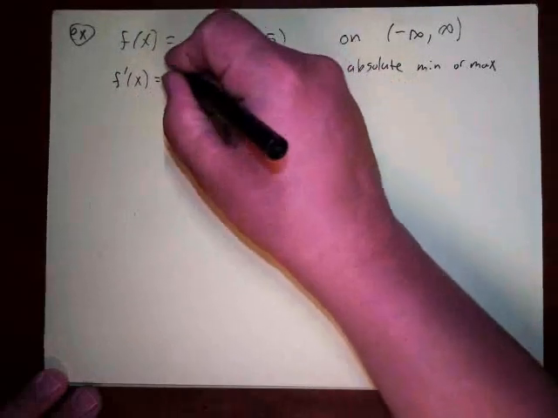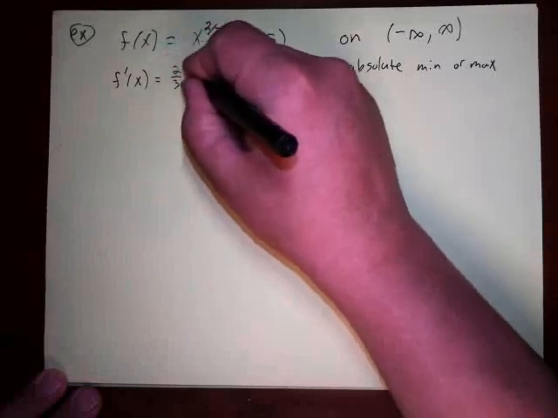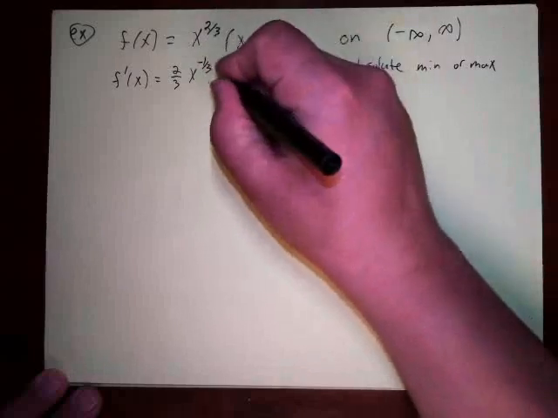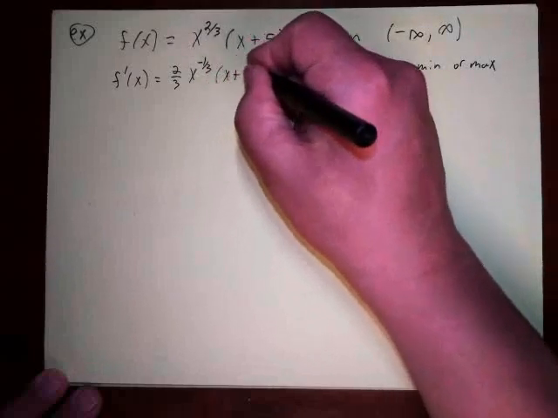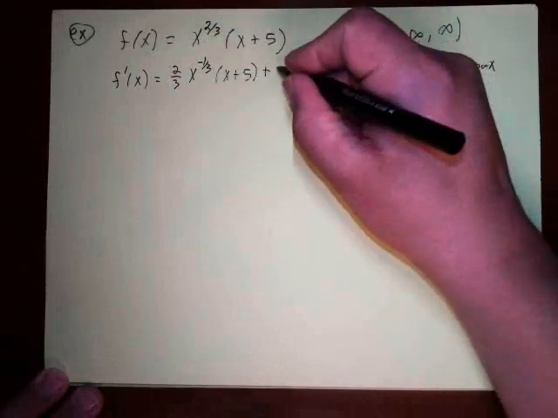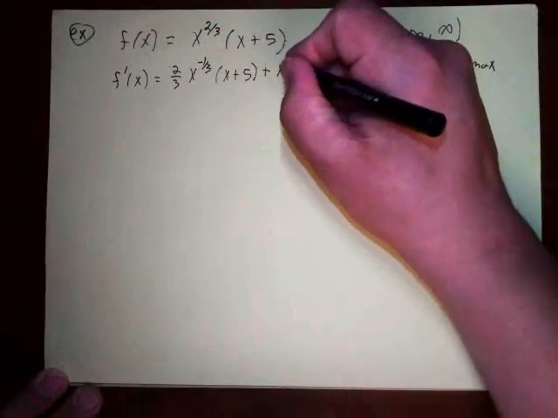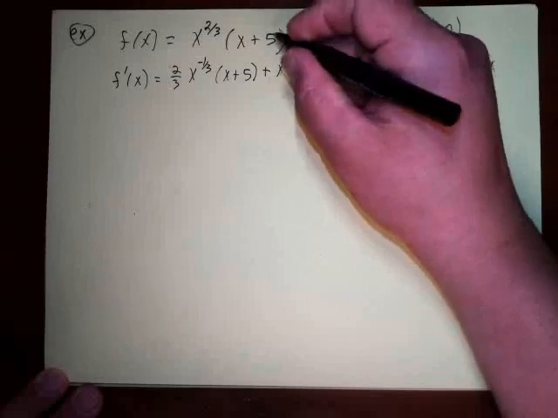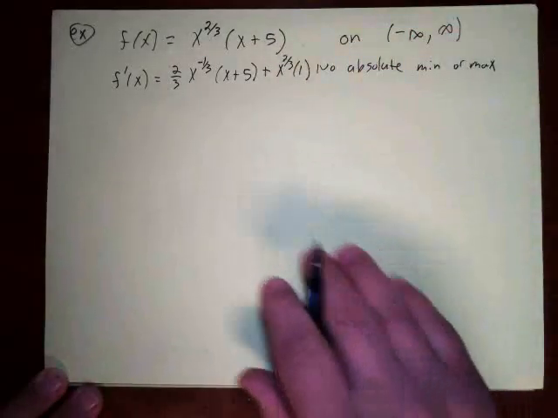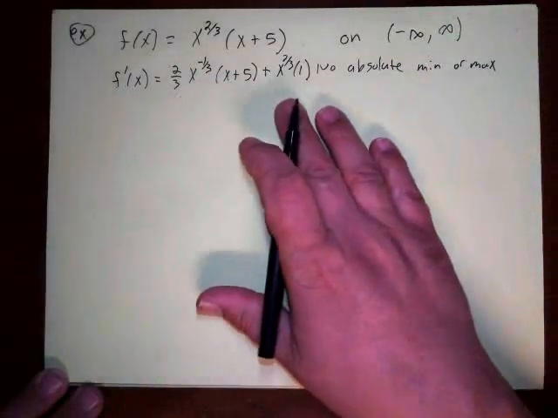So I'm going to take the derivative of the first function times the second function, plus the first function times the derivative of the second function, which is just 1. So you get all of this.